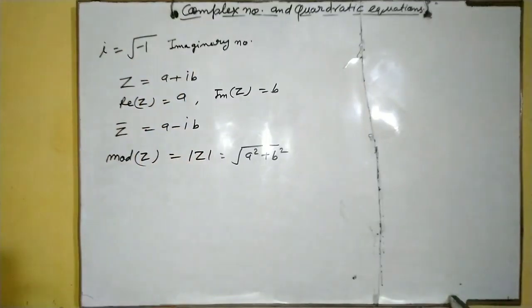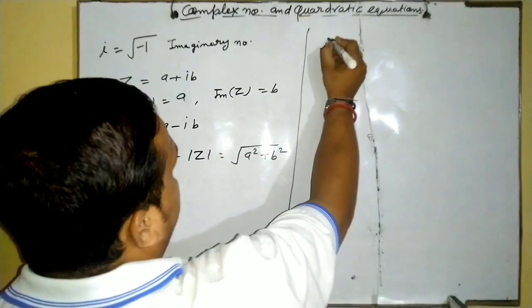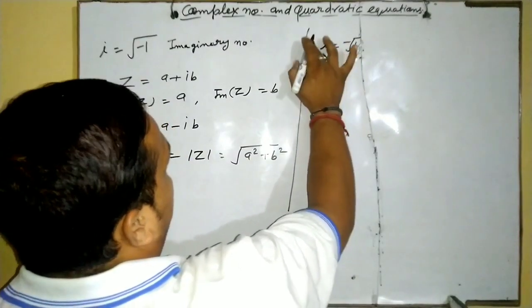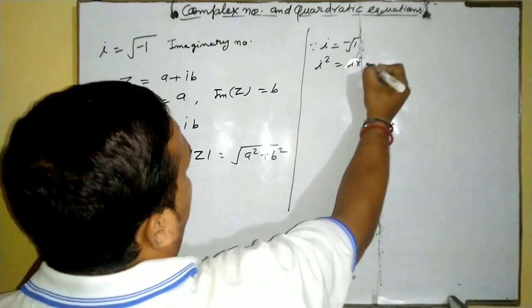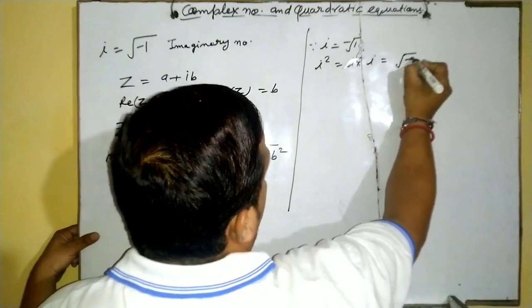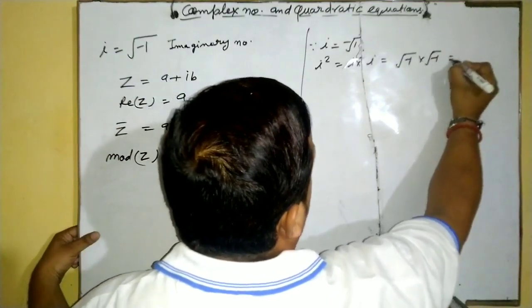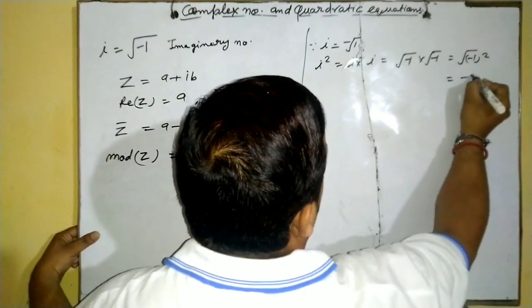What will be the value of i square, i cube, i to the power 4, etc.? You know very well, since i equals under root minus 1, i square equals i into i, which is root minus 1 into root minus 1. So this is root minus 1 whole square, equal to minus 1.